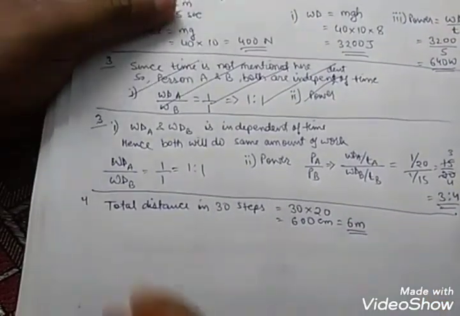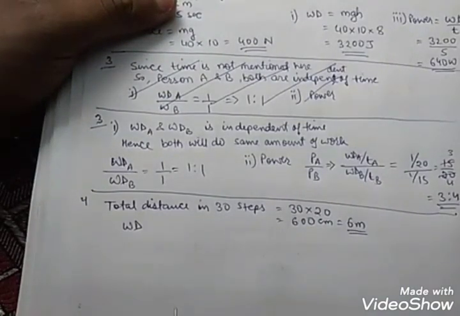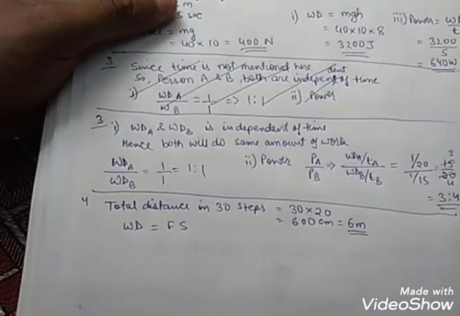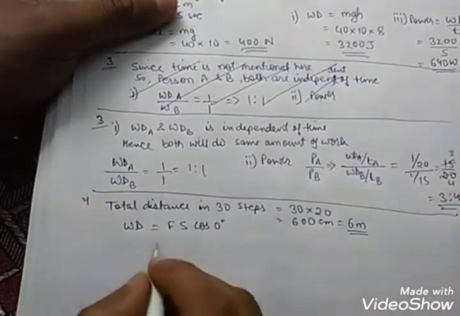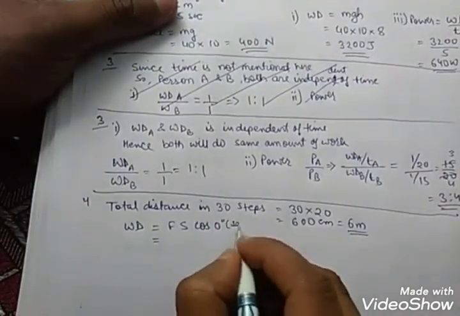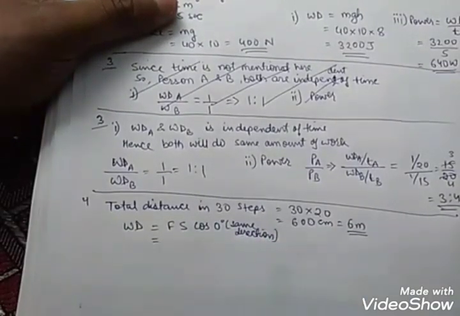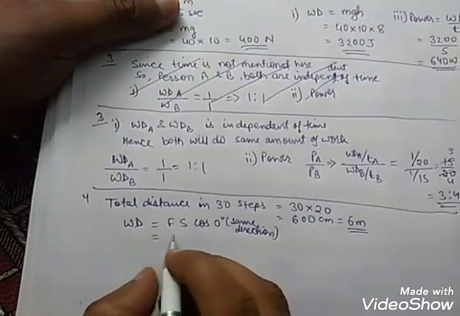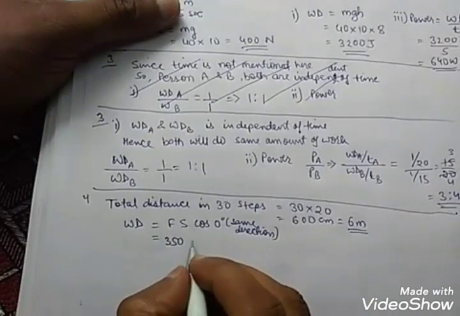Okay, so work done by the boy in climbing is equal to force into displacement, and it is moving in the same direction, so cos 0 degree. The force is given, 350 Newton, and the displacement is 6.